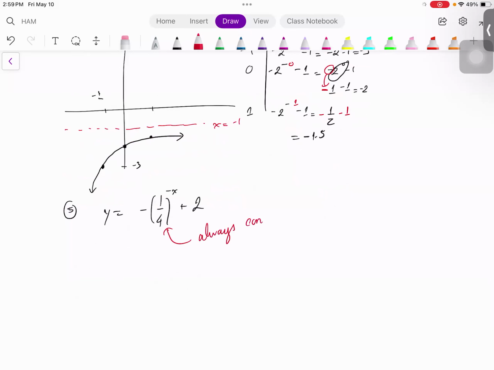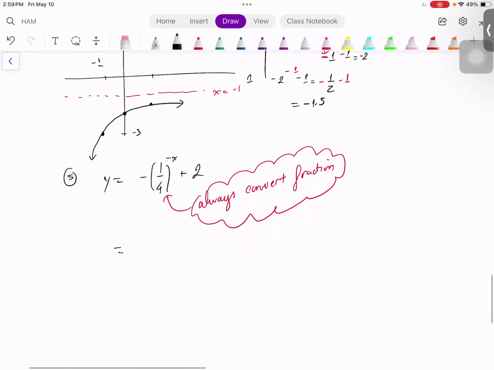Always convert fraction. So 1/4. Is there any way you can write them as the non-fraction? We just did it. Like 2 to -1 become 1/2. So 1/4 is 4. Just 4. So you just make 1/4 become 4.